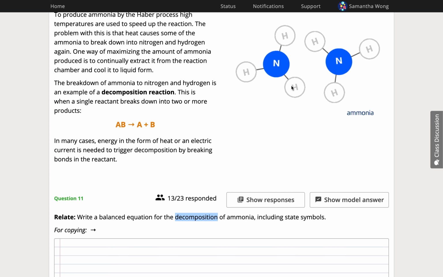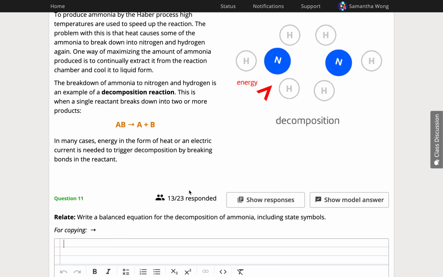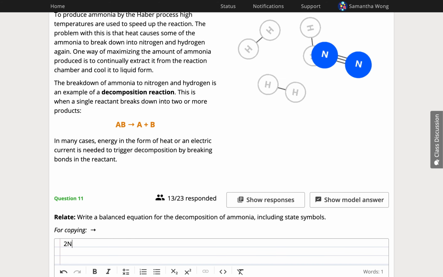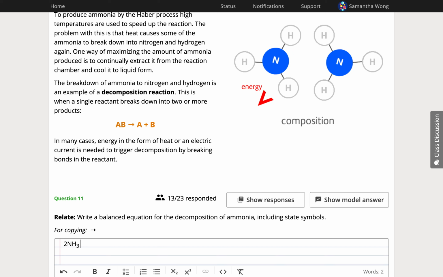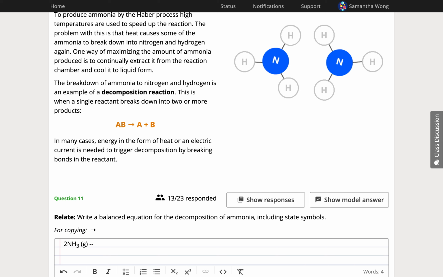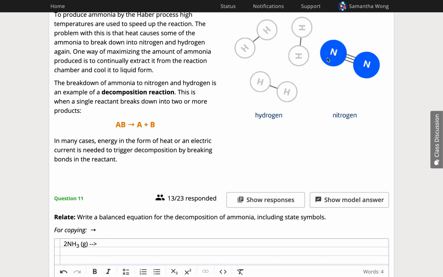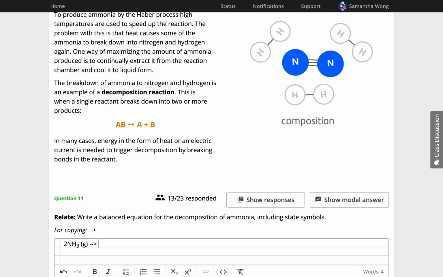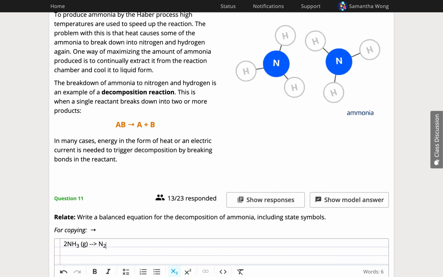So we're going to go ahead here and write two lots of NH3, and we know ammonia is a gas. And we then know it has to break down to form N2. So we've got N2 here as a gas.